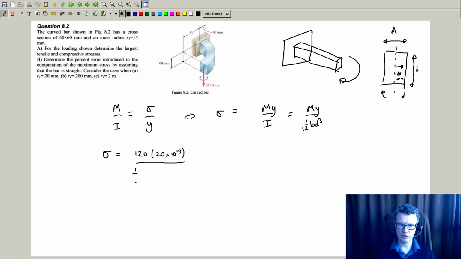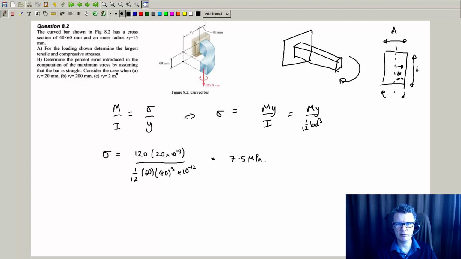The bottom 1/12, we've got a B of 60, a D of 40, and work that out, and you're going to get 7.5 megapascals.